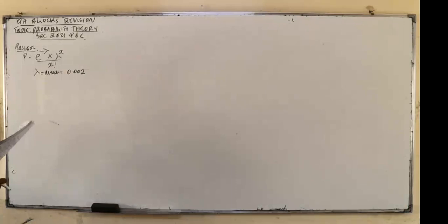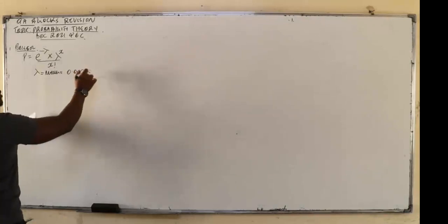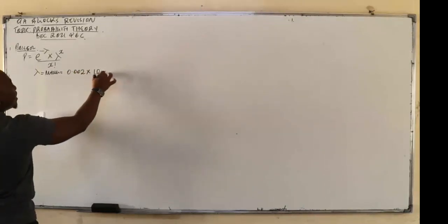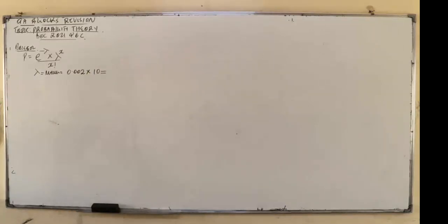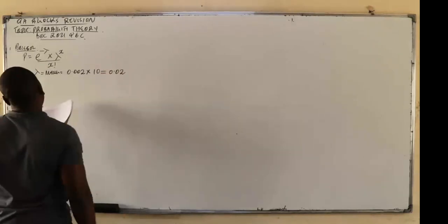So therefore, we need to get the mean occurrence per packet. If that's the probability of having a defective, and we are producing in packets of 10, you multiply by 10. So on average, how much is the mean occurrence per packet? That's what you do. You get 0.02. That's our lambda.